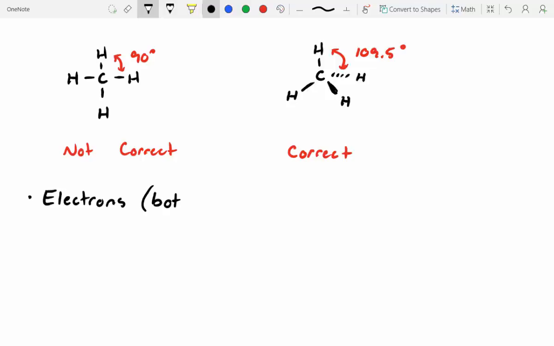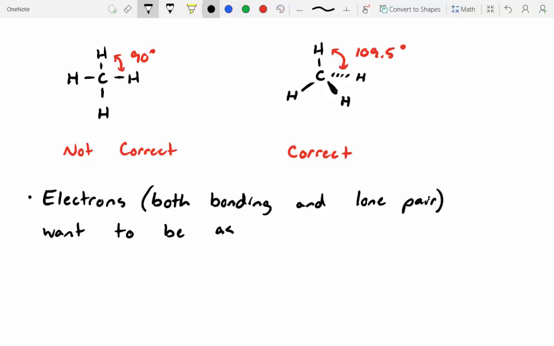So electrons, both bonding and lone pair electrons, want to be as far apart from each other as possible.